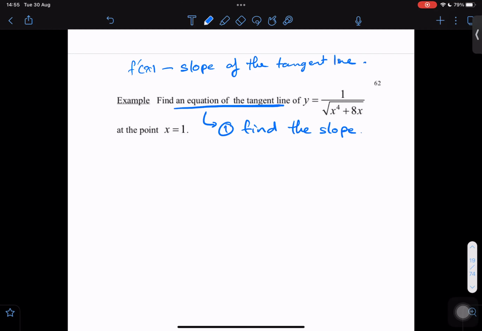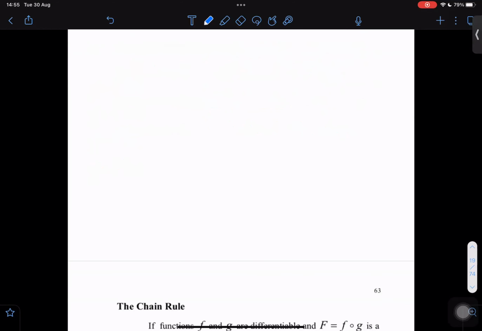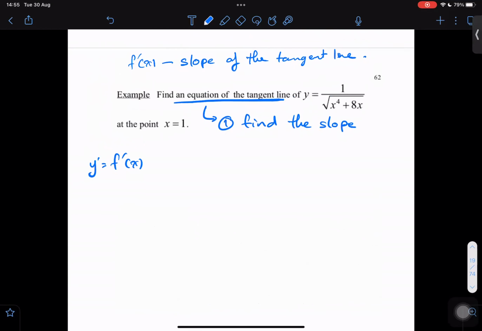Okay, and the slope of this tangent line is just the y prime or f prime of x. Okay, sorry, the same is d by dx of 1 over the fourth part.